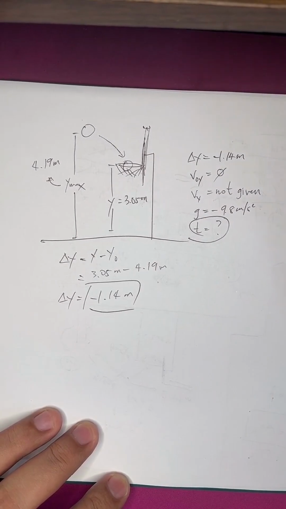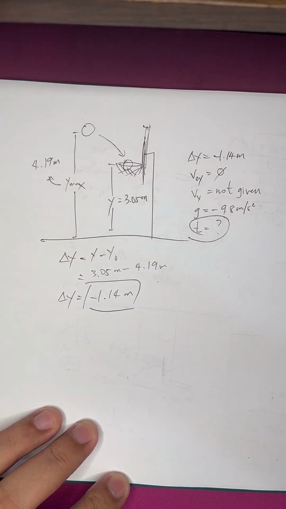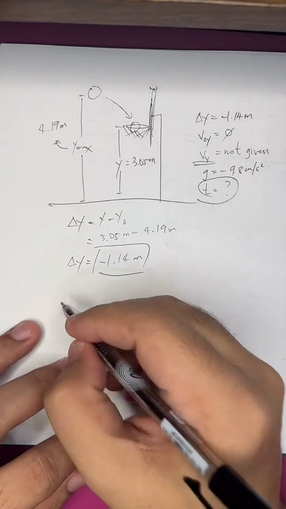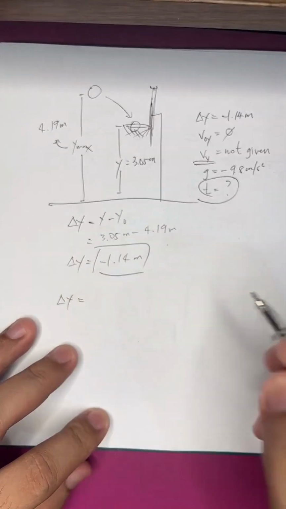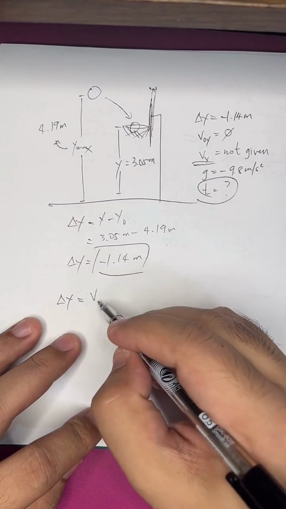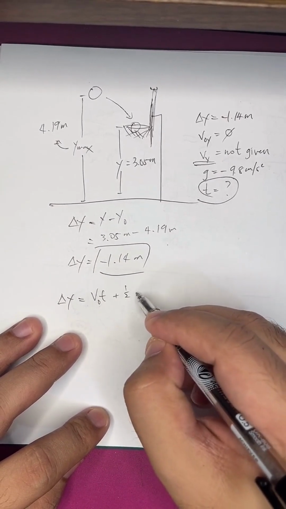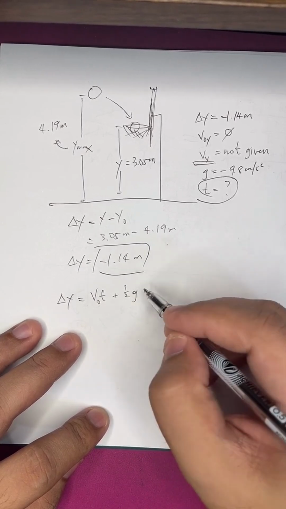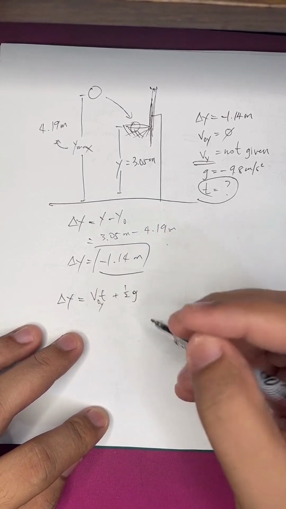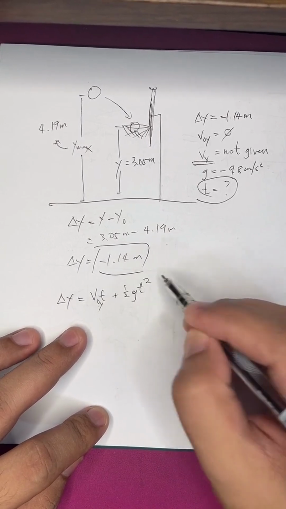The final velocity is not given. We only know that the ball started from peak height at 0 because that was the beginning, but we don't know how fast the ball was moving after that. Delta y would be equal to v naught y t plus 1/2 g t squared.